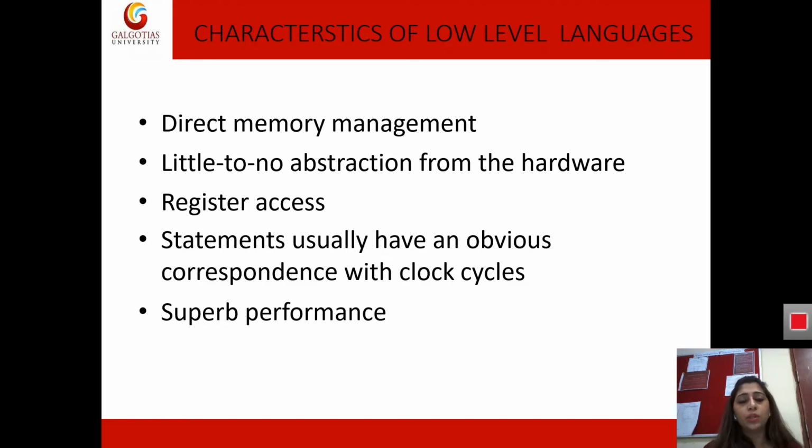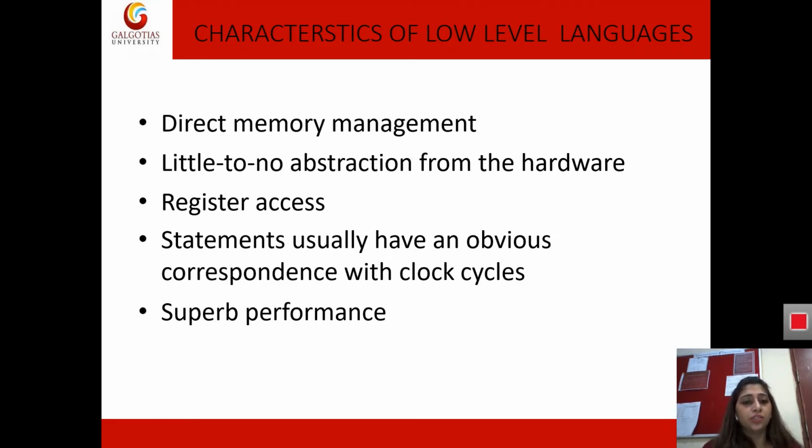What do we understand by all these characteristics of low level languages? First is direct memory access, because it is a low level language in the form of zeros and ones, and the computer can easily understand it. Though it has direct memory management, there is no level of abstraction. The hardware is completely clear to the user.